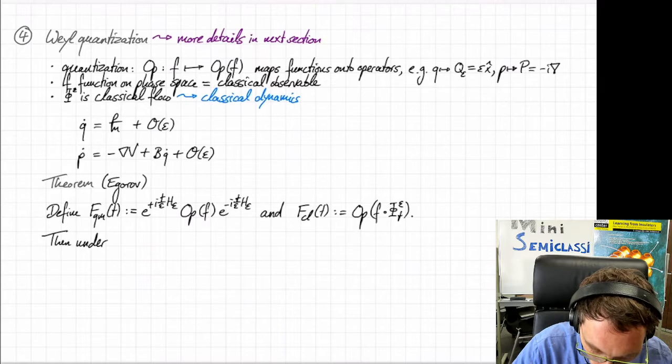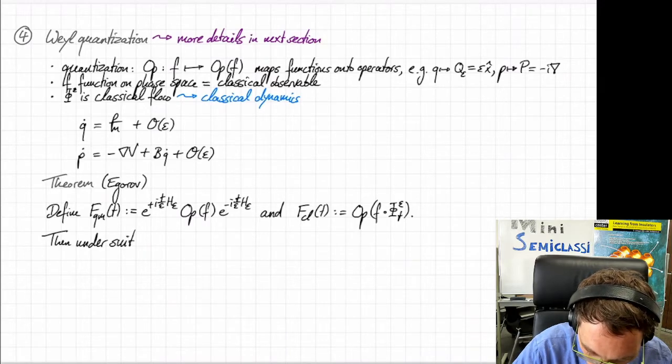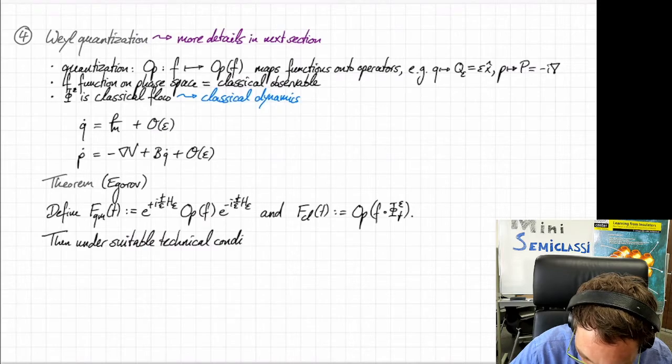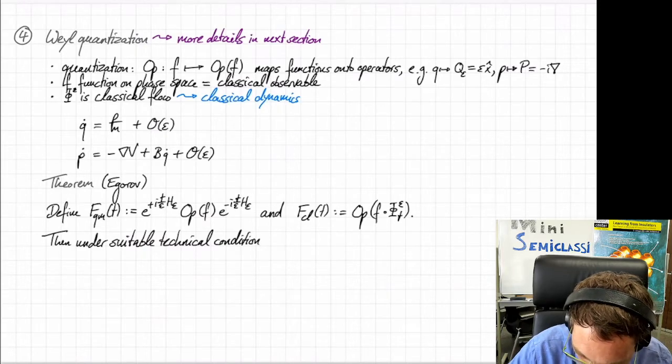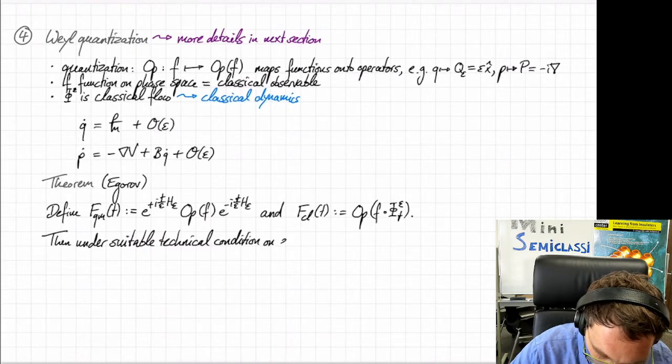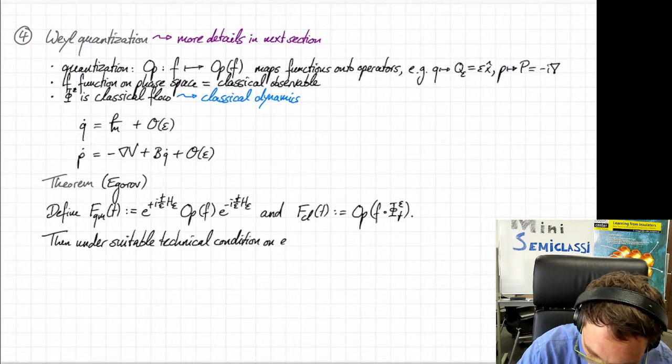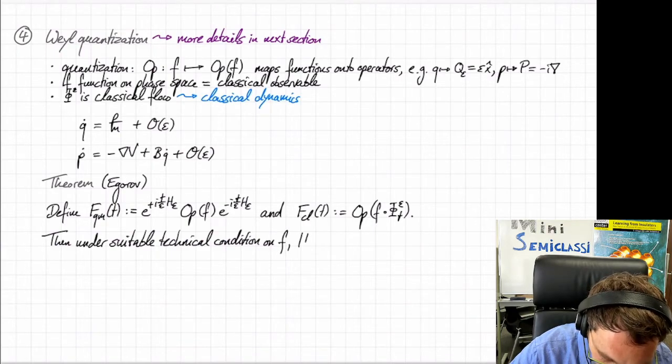Then under suitable technical conditions on, for example, f, on H epsilon.